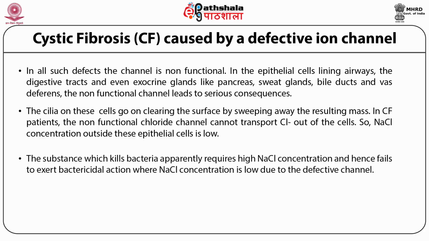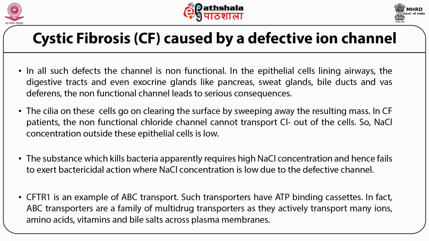The substance which kills bacteria apparently requires high sodium chloride concentration and hence fails to exert bactericidal action where sodium chloride concentration is low due to the defective channel. Hence, recurring infections by Staphylococcus aureus and Pseudomonas aeruginosa damage the lungs in individuals with the defective channels. Their respiratory efficiency decreases.